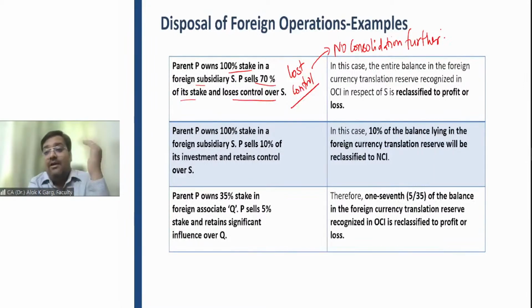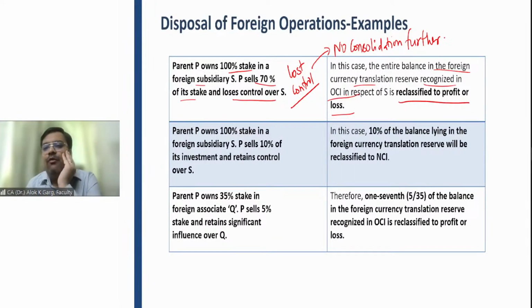So in that case, whatever FCTR is there till the time of disposal, that entire FCTR balance recognized in OCI will transfer to the profit or loss as other income or other expenses. Is that clear?